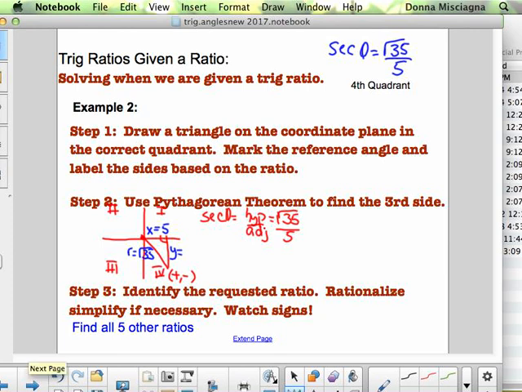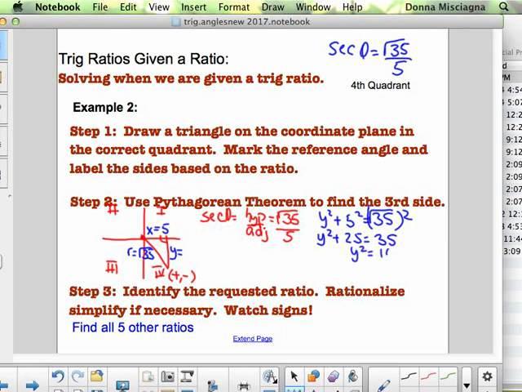We're going to use the Pythagorean theorem. So we have y squared plus 5 squared equals the square root of 35 squared. So y squared plus 25 equals 35, since square and square root cancel. Subtract 25 from both sides.